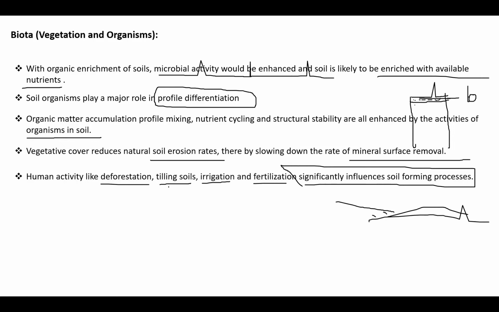During tillage, some aggregates will break down, and due to continuous tillage, indiscriminate use of fertilizers and unnecessary irrigation, it sometimes leads to degradation of the soils. Later, if we keep on adding organic matter, it will be recovered. That is the soil conservation part.